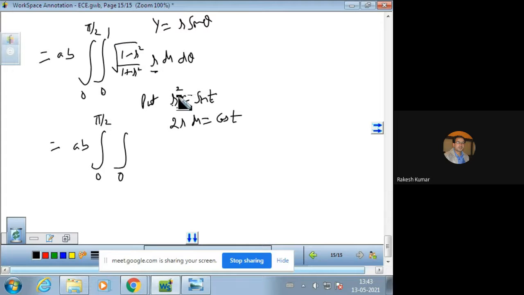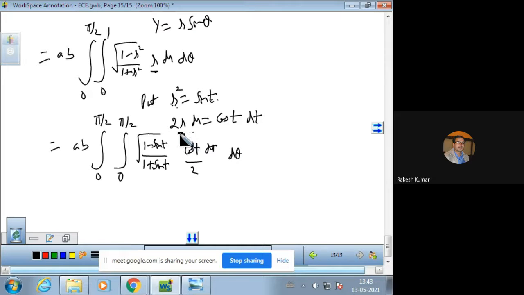When r is 1, sine t is 1, so t should be pi by 2. And that will be root of (1 minus sine t) over (1 plus sine t), and r dr d theta, r dr will be cos t dt over 2, into d theta.